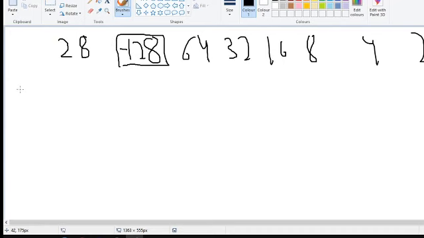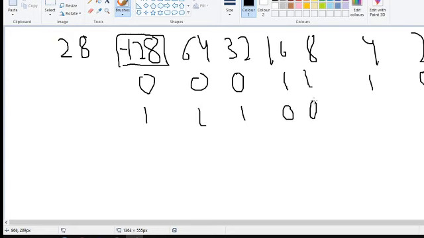So say we were doing 28 in 2's complement, that would be 0, 0, 0, 1, 1, 1, 0, 0. We've already done the flip, so that's 1, 1, 1, 0, 0, 0, 1, 1, and then you add 1 again, so that's 1, 1, 1, 0, 0, 1, 0, 0.